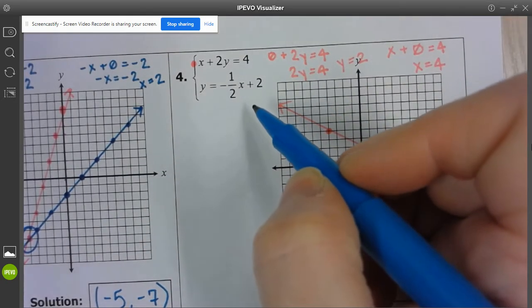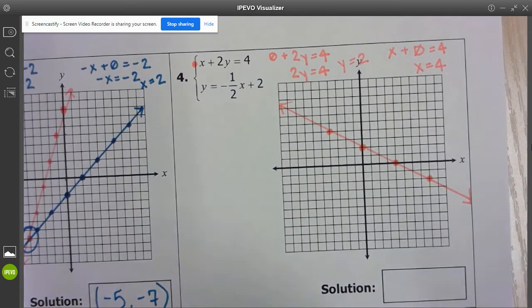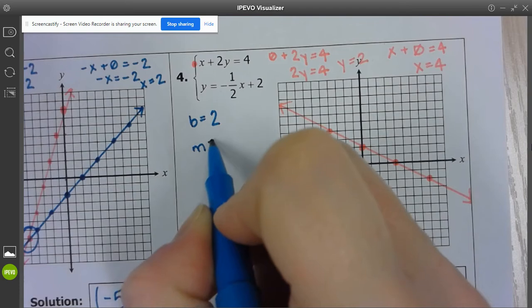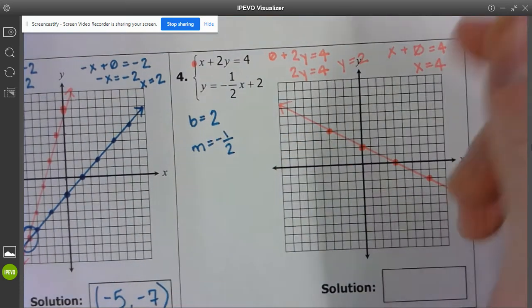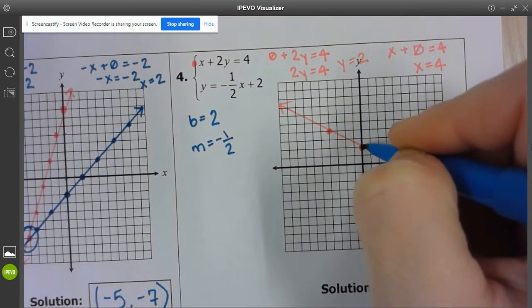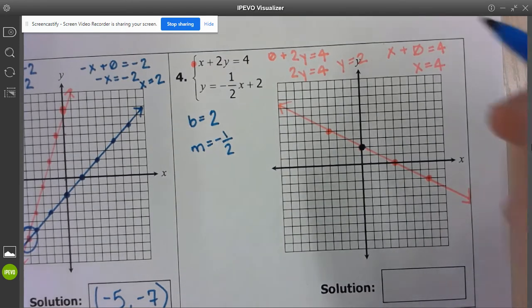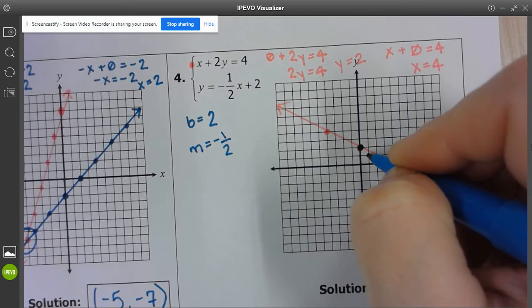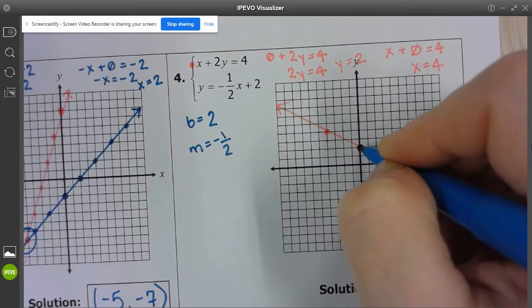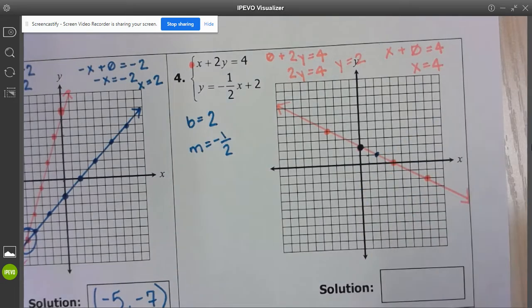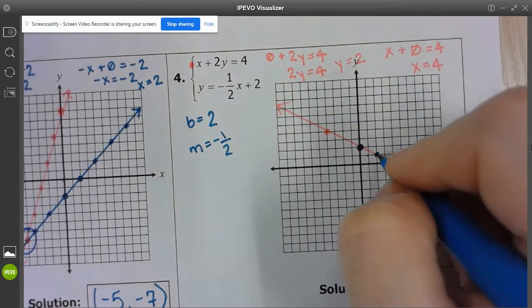All right, looking at my second equation, it is slope-intercept form. So B is 2, our slope is -1/2. Oh, look, I already have my overlap. Now I am still going to keep going. Down 1 over 2. Oh, wait, look, there's another point of overlap.